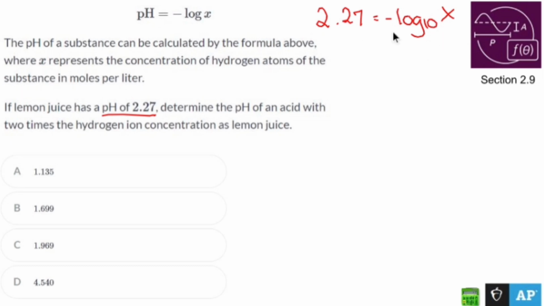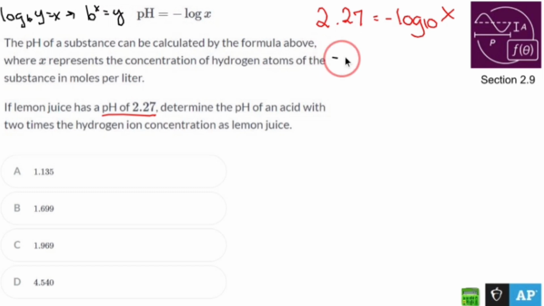What I want to do is write that out in exponential form. The way you write something down in exponential form is if I give you log base b of y equals x, you can write that out as b to the x equals y. First off, that negative is bothering me.